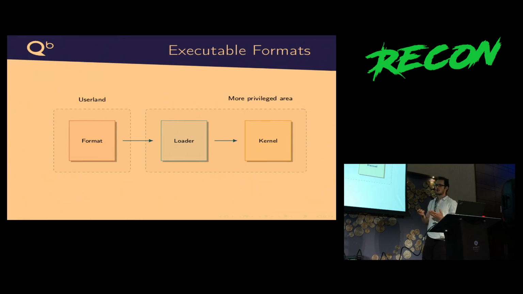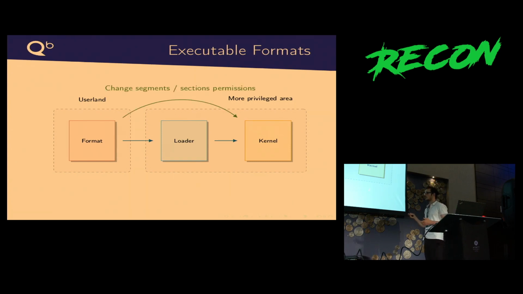When you run the program, the loader will perform relocations associated with the program. It will also load the shared libraries that are used by the program. The kernel will create the process, and it will also map the sections and segments defined in the formats. It will also set permissions on these segments and sections.